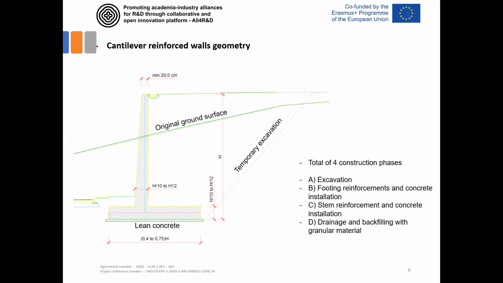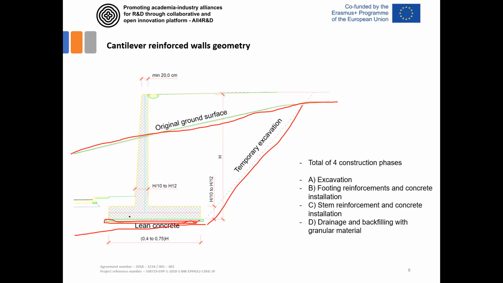The typical construction sequence of this wall: if this is the original ground level, then you need to do the excavation. After that, you apply the lean concrete, and then you install the reinforcement of the footing, and you also install these anchors for the wall, and then you concrete this part here.